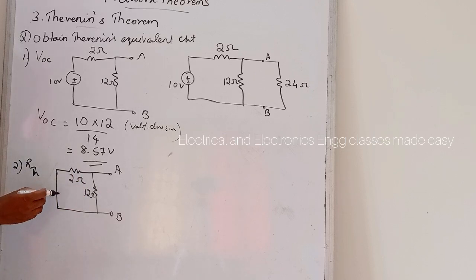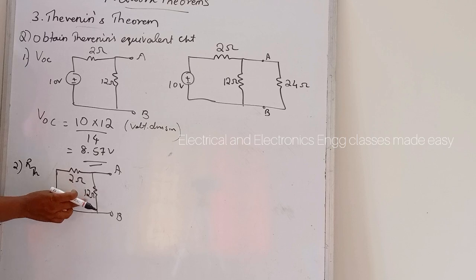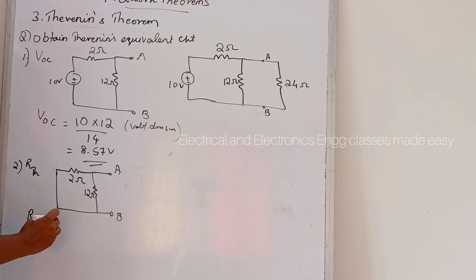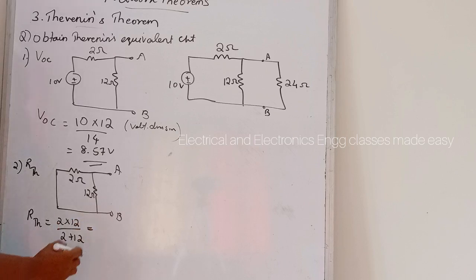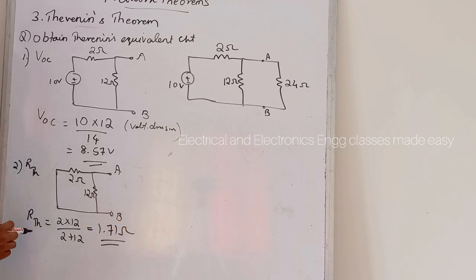Looking through these open circuited terminals, the 2 ohm and 12 ohm are in parallel. So RTH is equal to 2 into 12 divided by 2 plus 12, and that is equal to 1.71 ohm. So this is the value of RTH.